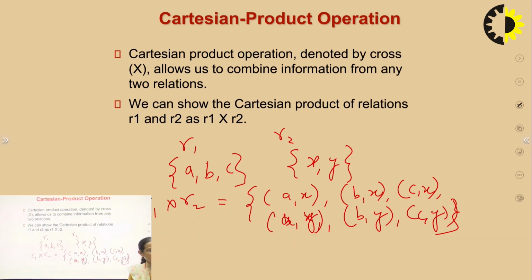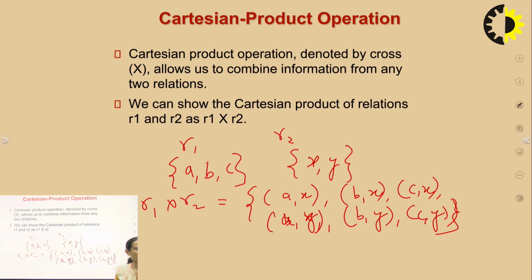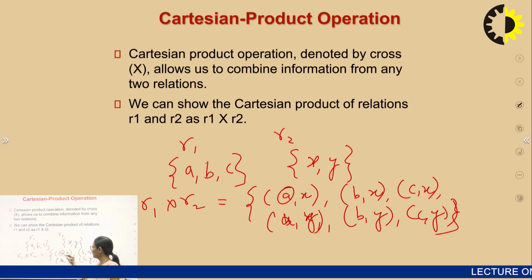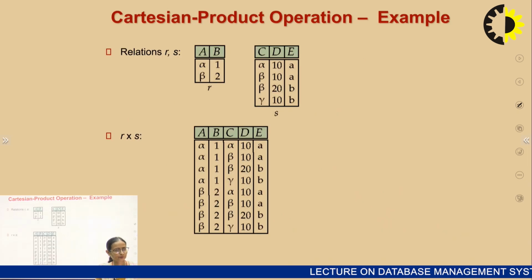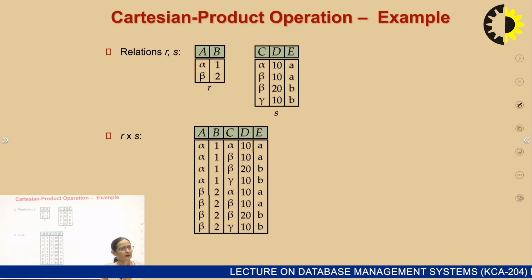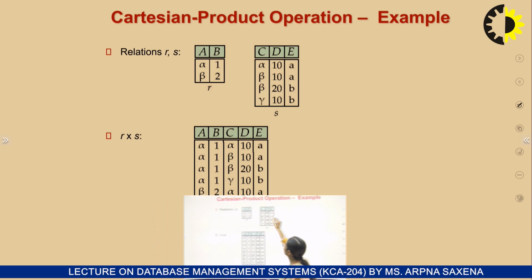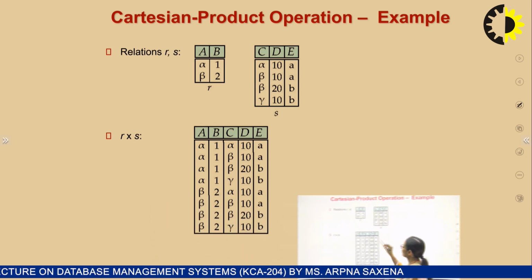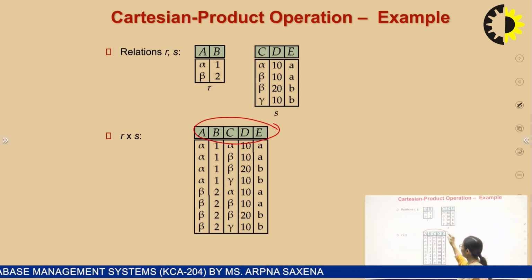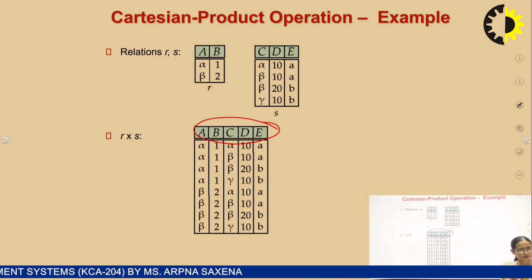The same concept we are going to deploy with relations. The only thing is that instead of A and X, we are having rows. So here I am having R and S. This is my alpha 1, beta 2, and these are my C, D, E. So in the final output I am having all 5 attributes.